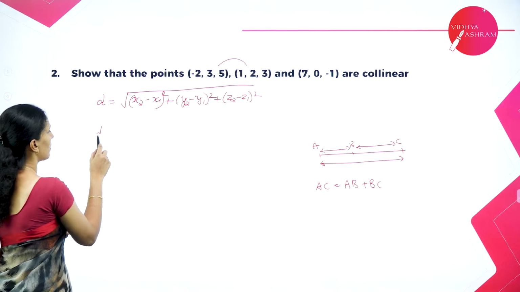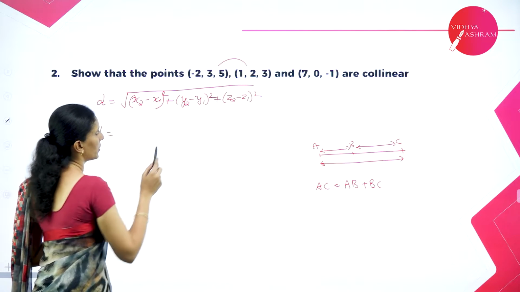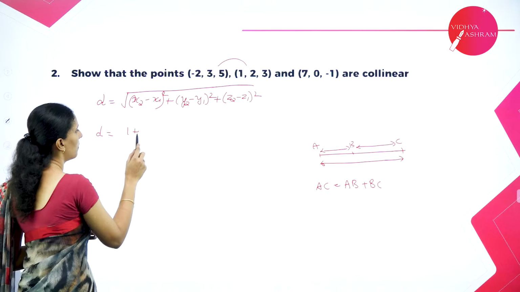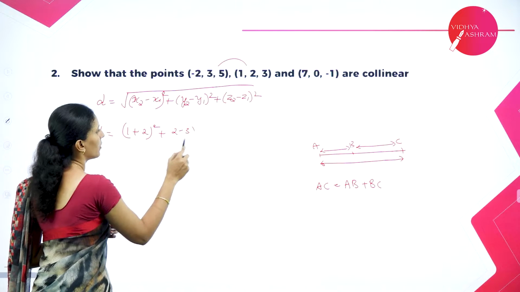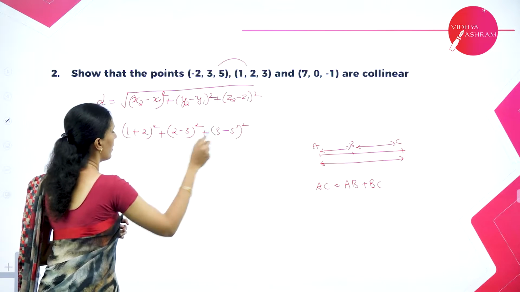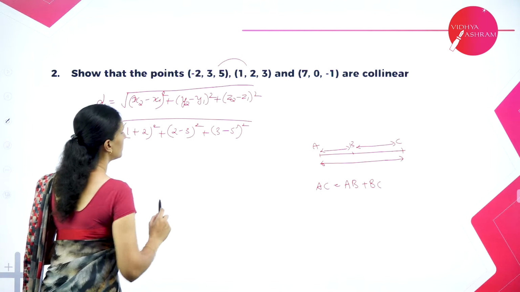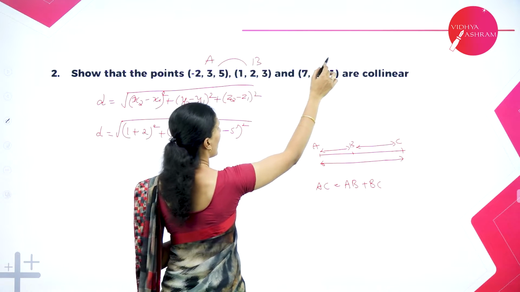The distance is equal to, I can take this as x1 y1 z1, this as x2 y2 z2. So this becomes 1 plus 2 whole square, next 2 minus 3 whole square, next 3 minus 5 whole square, under the square root. So let me mark these points as A, B and C.